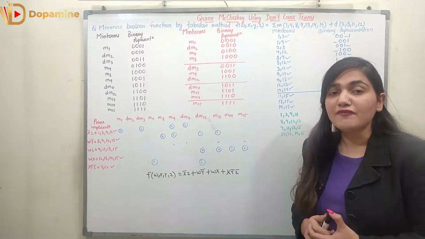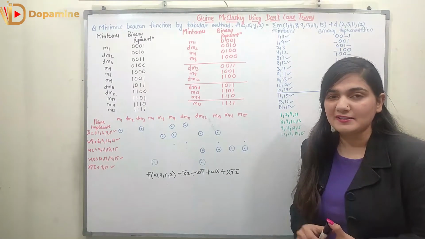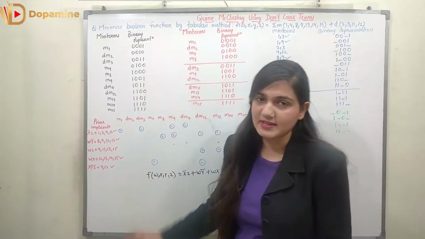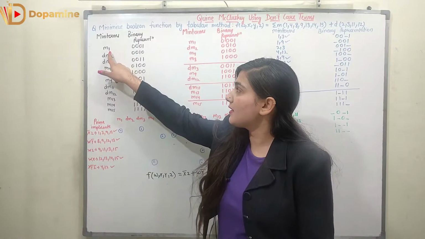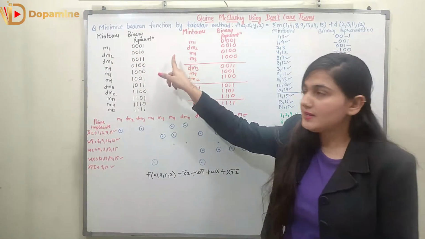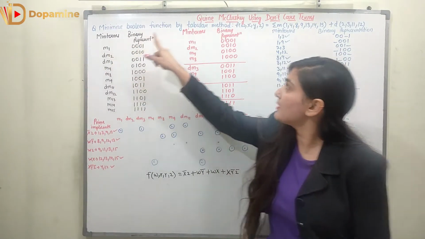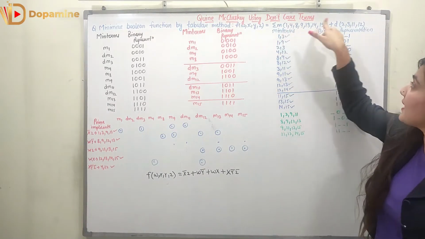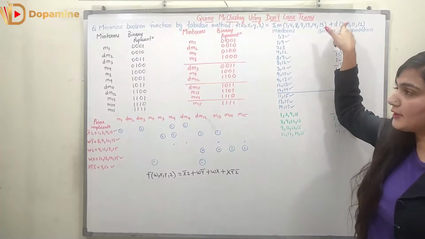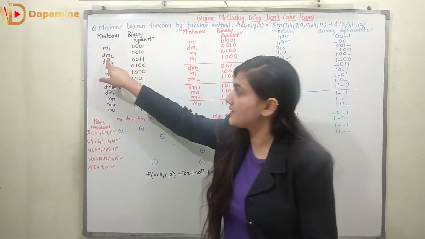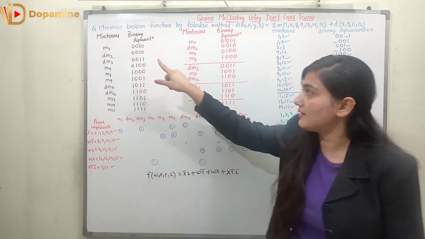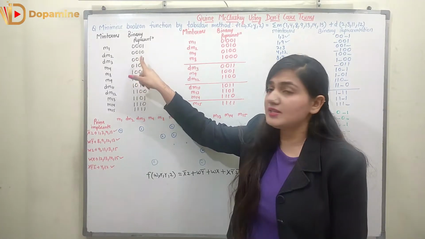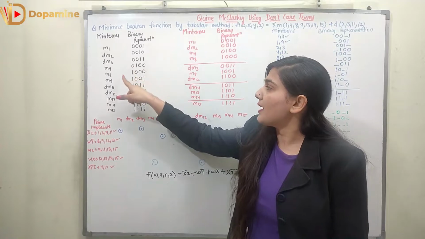First of all, the first step in the Quine-McCluskey method was to represent these min terms in binary representation. The first min term is represented as 0001, right? So this is min term 1. After that we have the don't care term 2 and the don't care term 3, represented as dm2 and dm3. dm2 is 0010 in binary and dm3 is 0011 in binary.